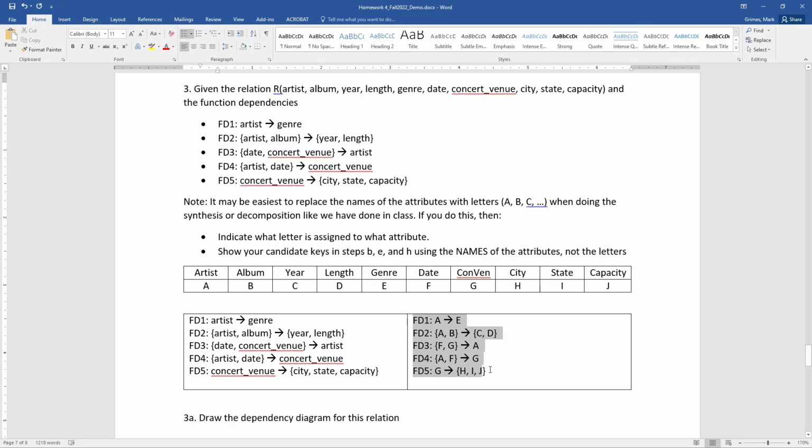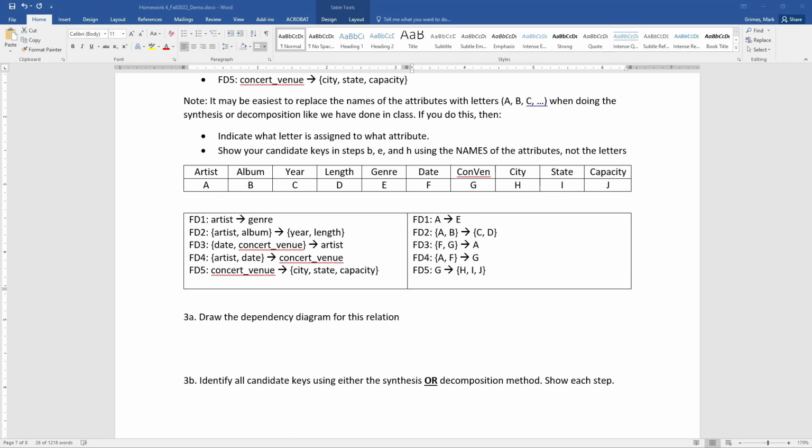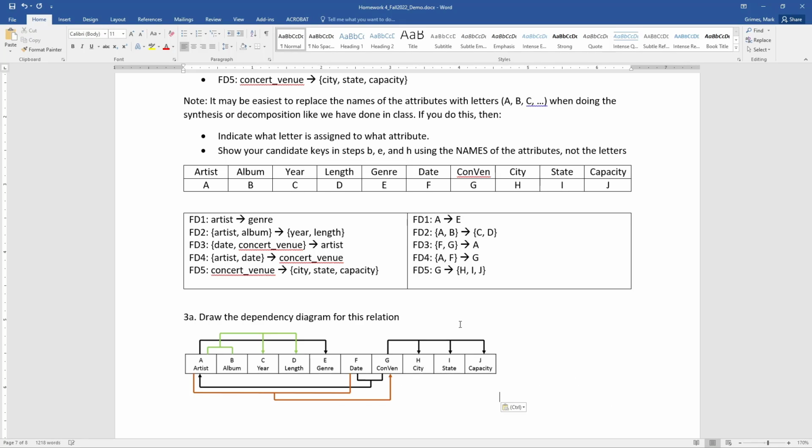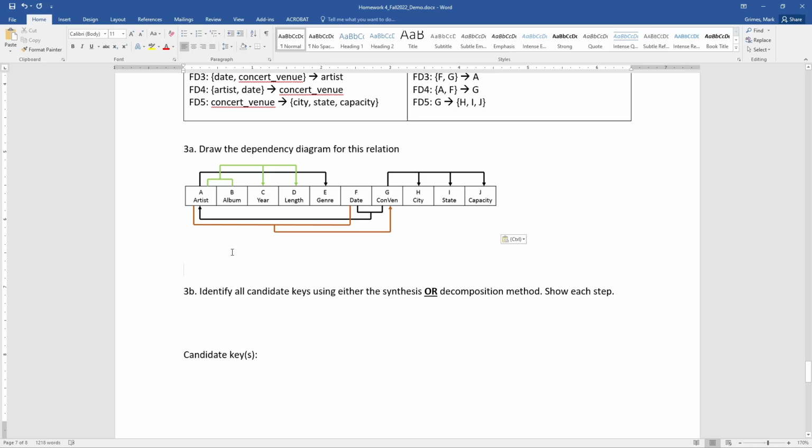And then rewrote the functional dependencies using those letters instead of the full names. And then for the dependency diagram, I just did the same thing so I can look back and forth and think about these attributes either by their full name or by the letters that I have given them. Great, now on to identifying our candidate keys.